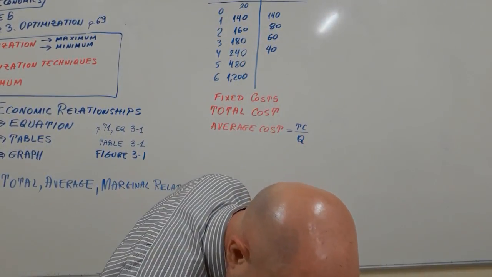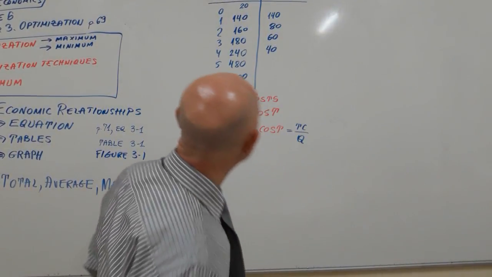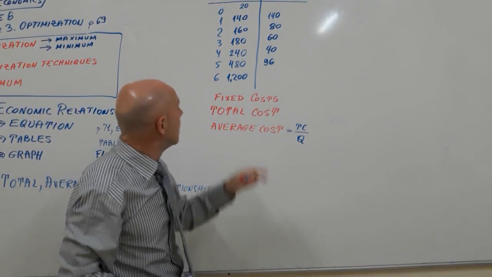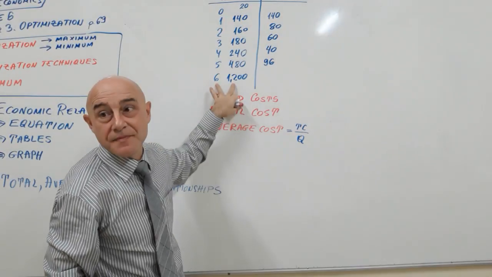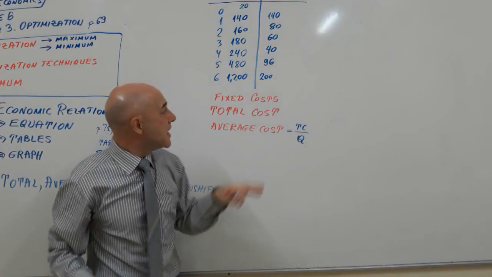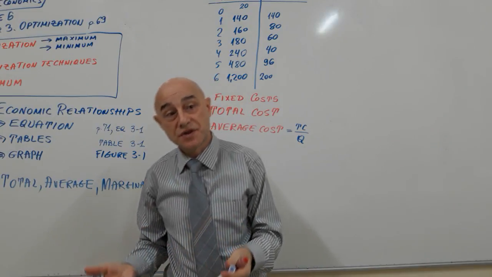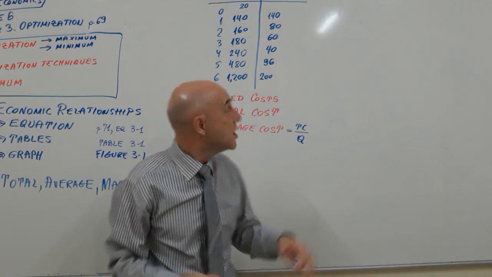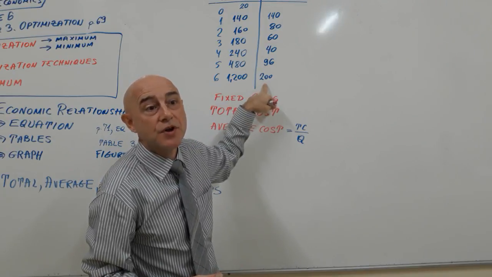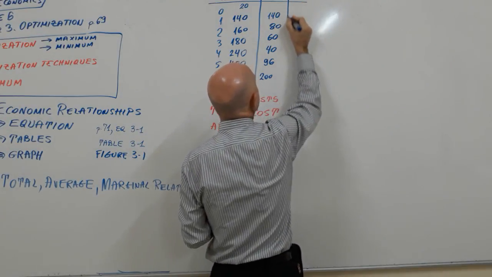For 5, that's like 200. So, the second concept is that of an average cost. If you're running a business, whether you're selling or manufacturing, whatever your cost, you want to know what is your average per unit. And now comes the next one, which is marginal cost.